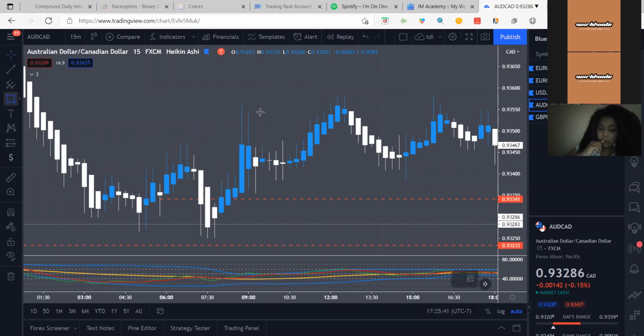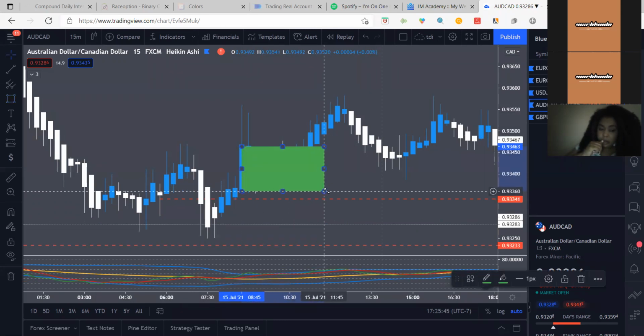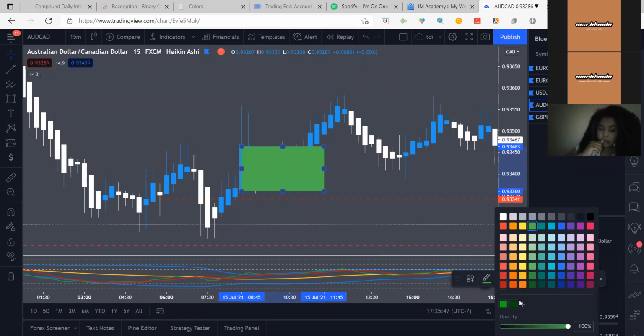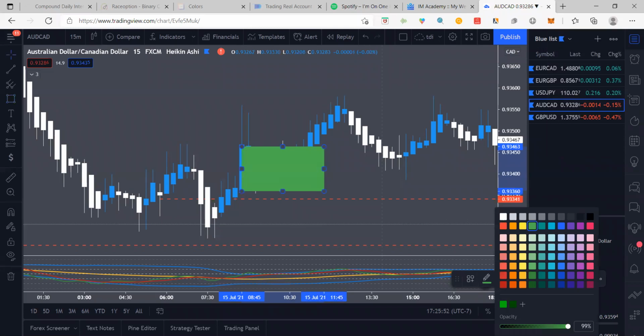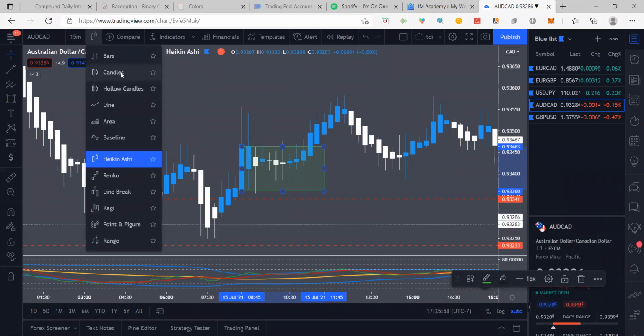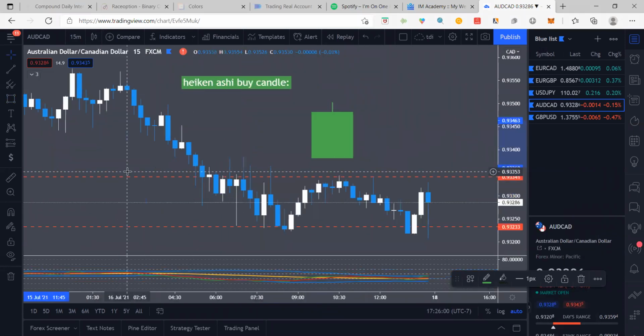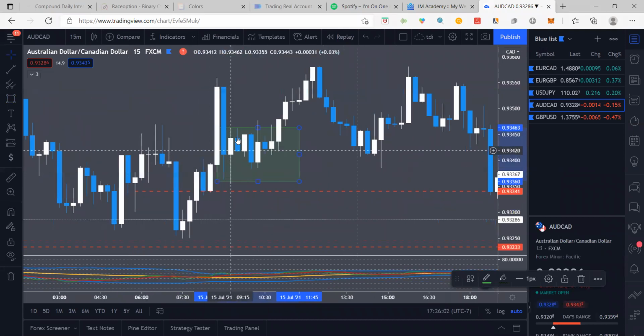I'm going to mark this real quick and show you exactly what it looks like on the regular candles. Scroll back, consolidation. Nobody has control in this span of two to three hours.